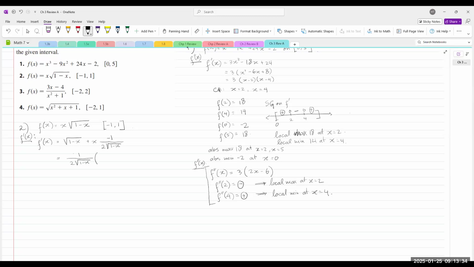So this will be 2 times 1 minus x for the first term, right? And for the second term, it will be just minus x, right? Notice that it becomes very, very clean. Okay, so there will be negative 3x plus 2 over 2 square root of 1 minus x, where the critical numbers then equal 2/3 and 1, right?